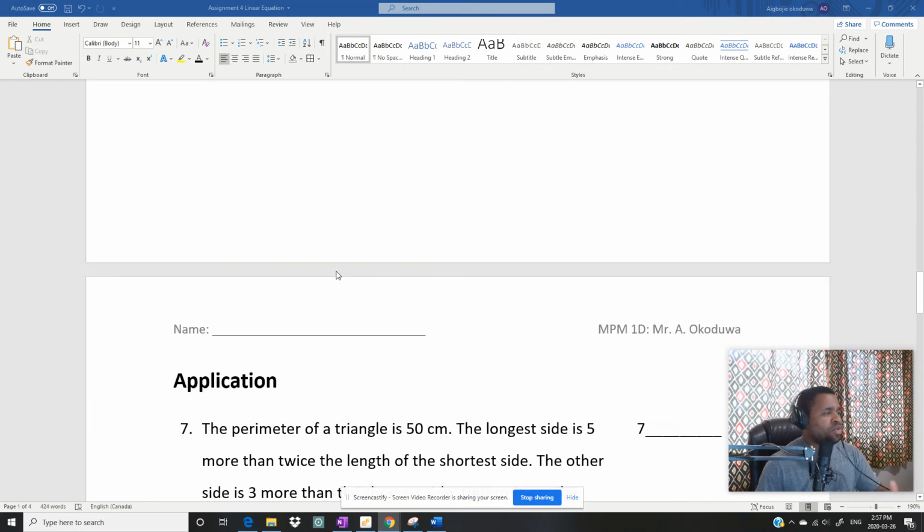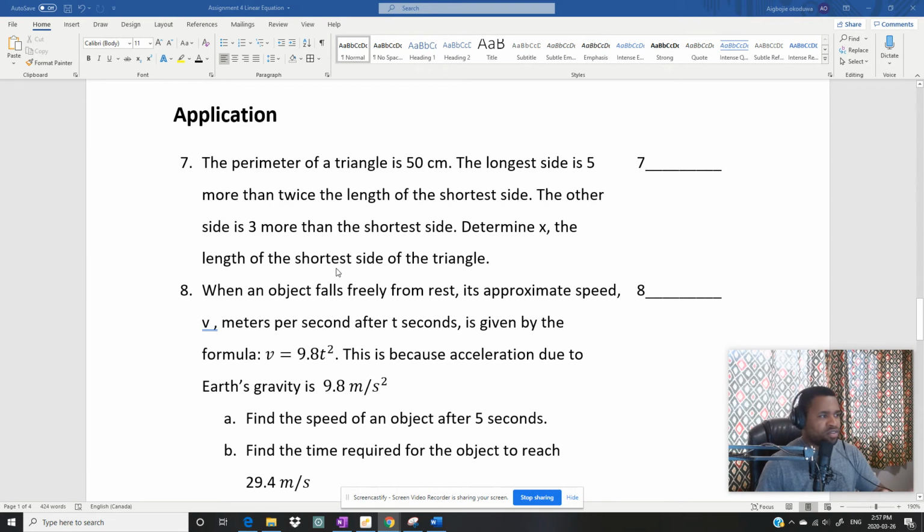Once we have that, we're going to move on to question 7, which is more application, where you're going to extend your knowledge into the real world. You have a couple of questions involving shapes like a triangle and a given perimeter. How can you determine one side, associating it with how big or small the other sides are?